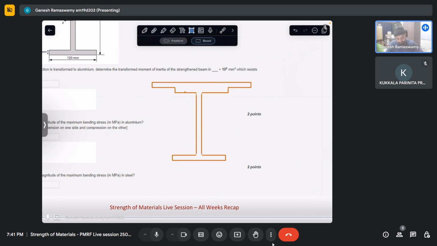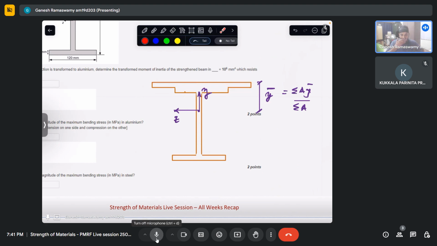So how do we go about finding the moment of inertia? This will have a centroid. This is y bar. So we have to find y bar first. How do we do that? Sigma A y bar by sigma A. Once we find the centroid, we can use our parallel axis theorem, because these are simple shapes, just rectangles stacked one over the other.